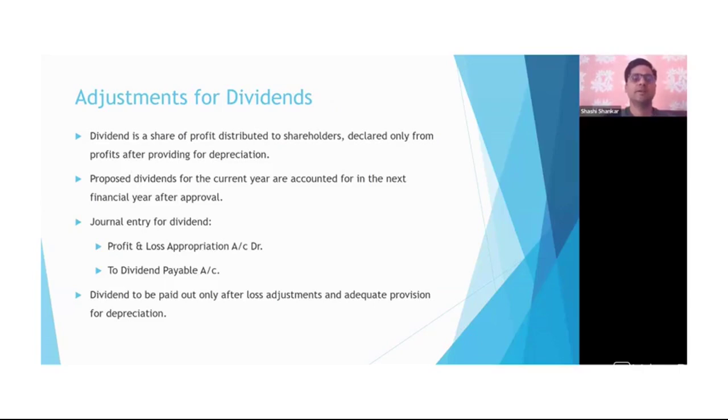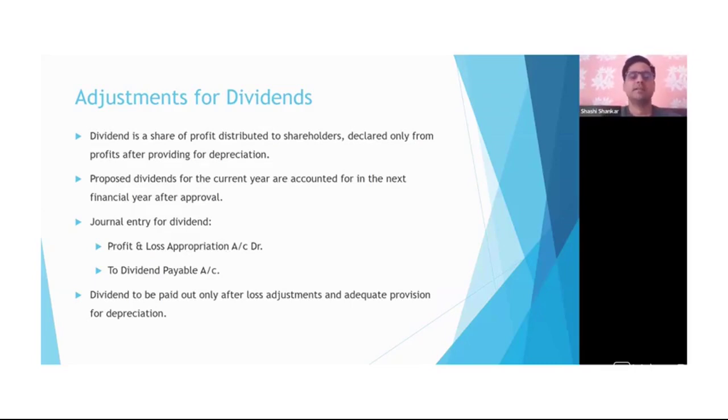The proposed dividend for the current year is accounted for in the next financial year after approval. Here the key point is that the current year's dividend is accounted for in the next financial year after approval from the board of directors.